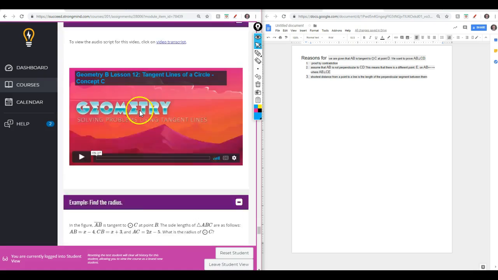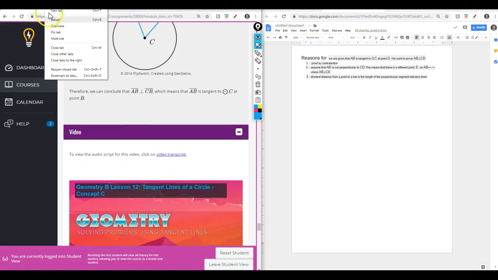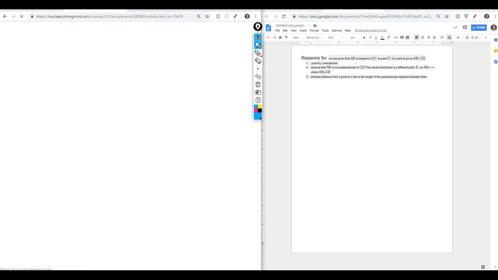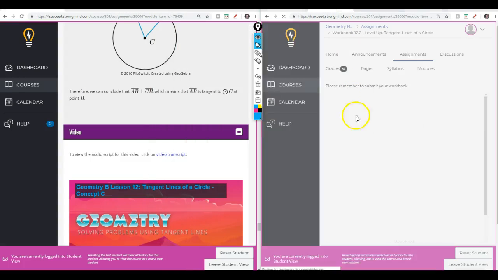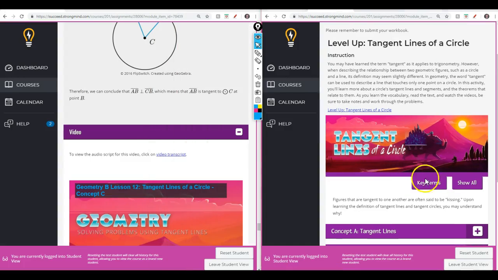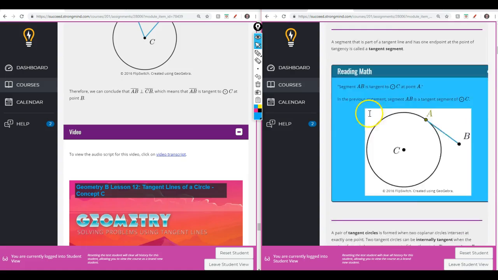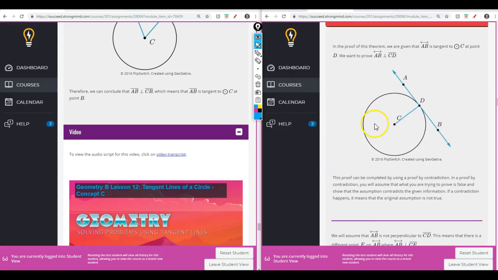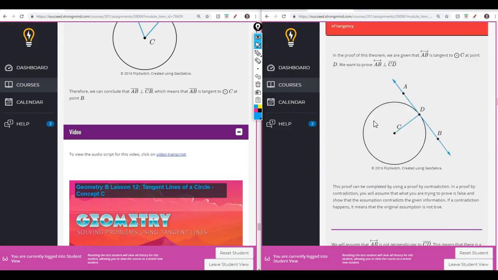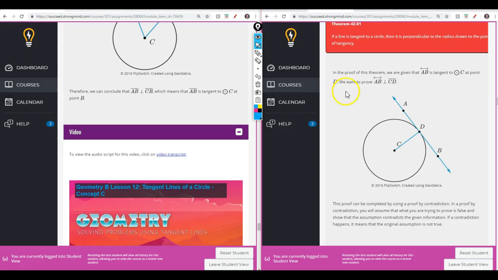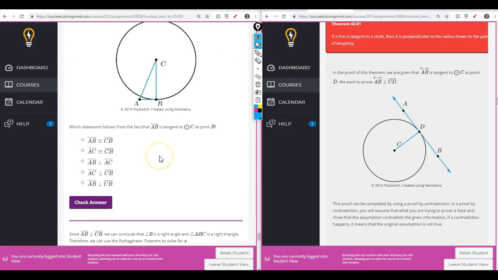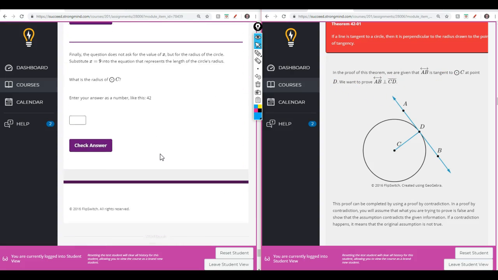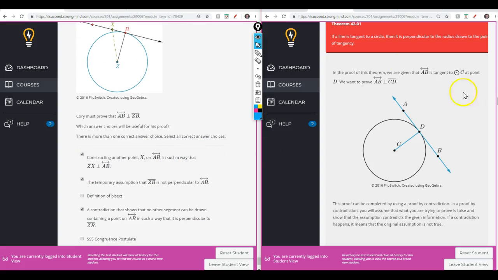Maybe a good thing to do would be to duplicate this tab, pull it over, and make sure you're showing all, and just have the proof open that you found is similar. So again, we found that this one is similar to the question, and that way you can check back and forth with the proof.